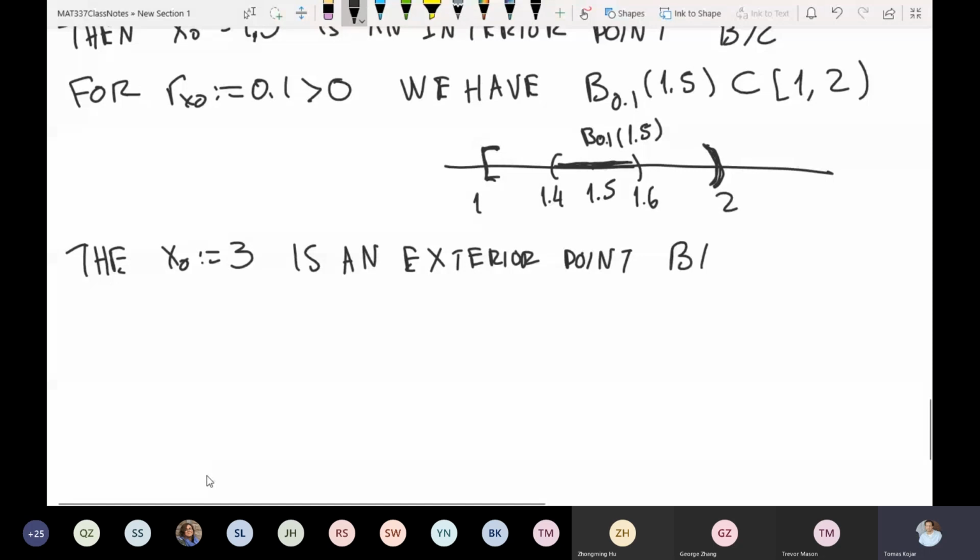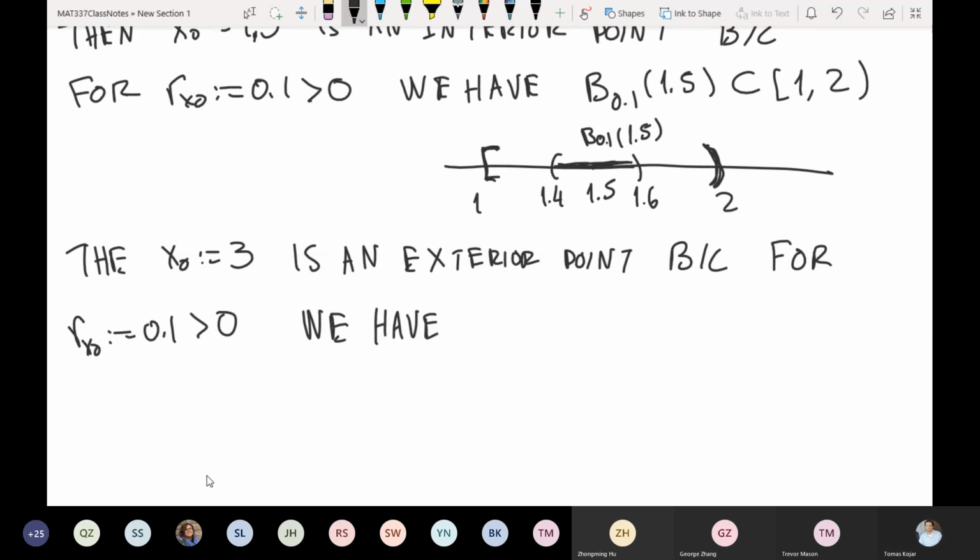For the same radius, because for R equal to 0.1, we have B(3, 0.1) is fully contained in (2, plus infinity), which is fully contained in the complement of E. Why is that?